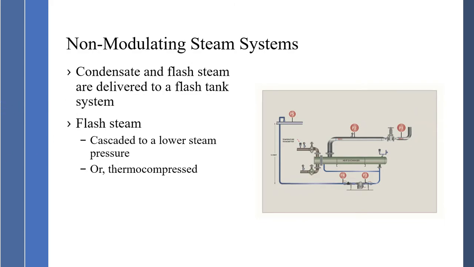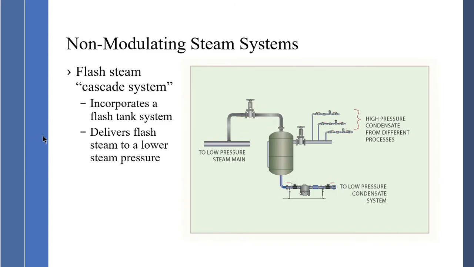In non-modulating systems, condensate and flash can be delivered to the flash tank system. We can take the flash steam here and cascade it to a lower steam pressure, or even thermocompress it. An example would be a flash steam system or a cascade system. The high pressure condensates come in here, which is condensate and flash.